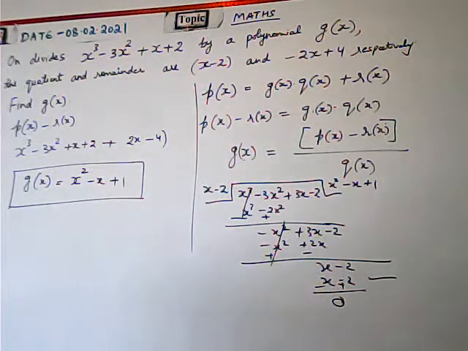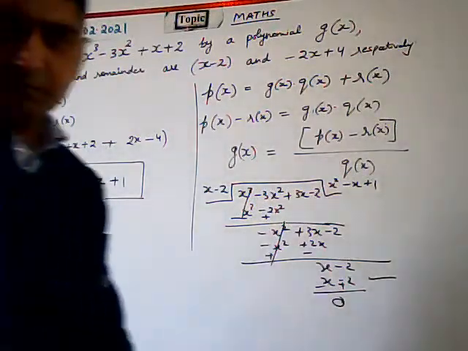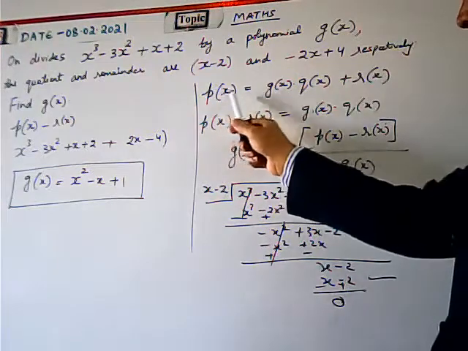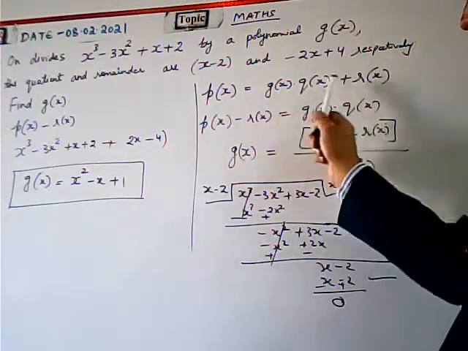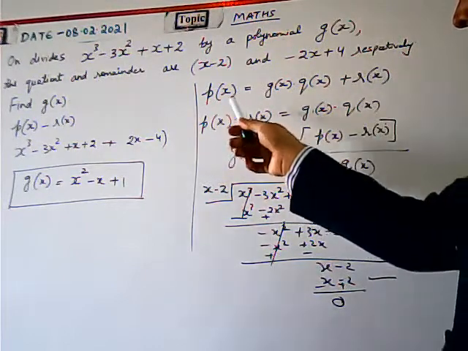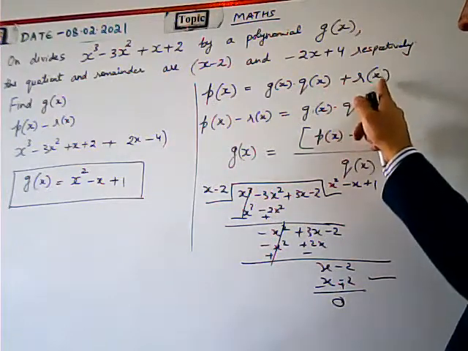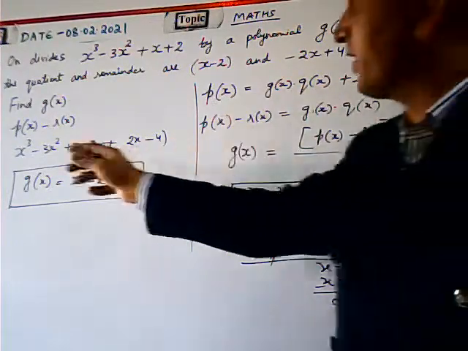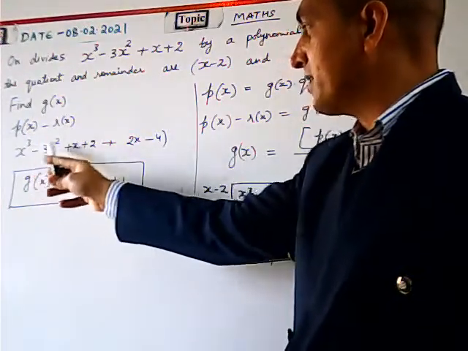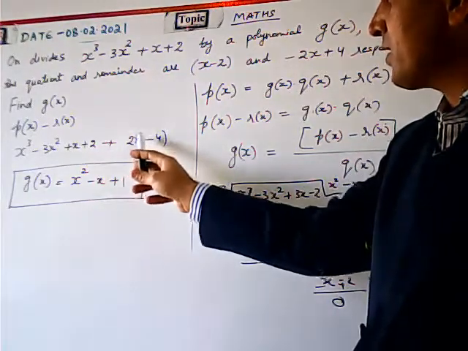So what we have done, by Euclid's division algorithm, p(x) is equal to g(x) into q(x) plus r(x). We subtracted the remainder r(x), and after subtracting p(x) minus r(x), we get x cube minus 3x square plus x plus 2 plus 2x minus 4.